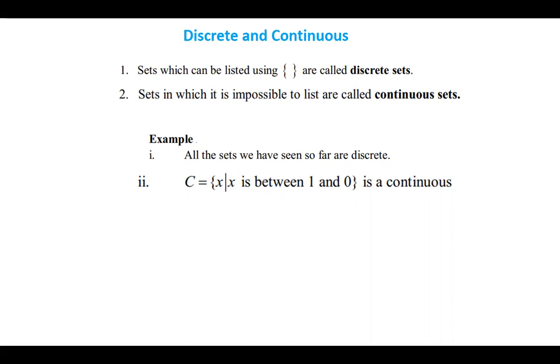The elements that are there are uncountable. A continuous set can either be represented in this format or in this format. When we talk about continuous sets, we're simply discussing the interval notation. So all those sets that are in interval notation are continuous sets.